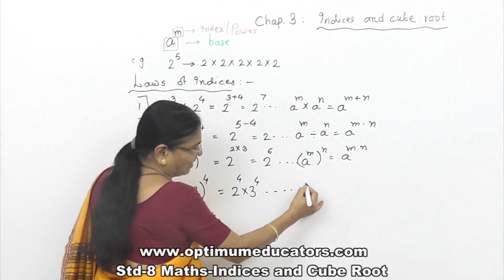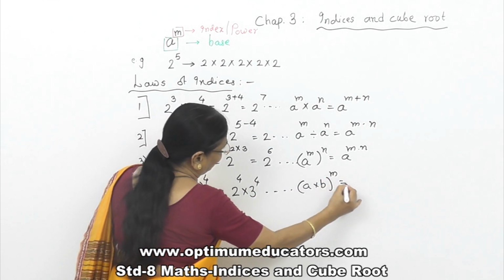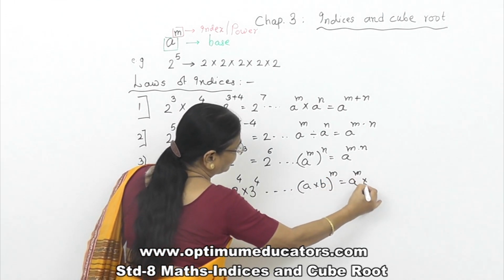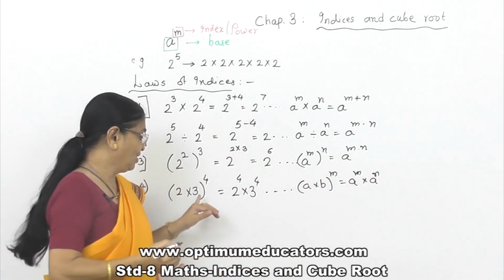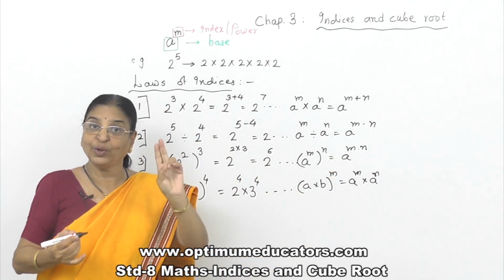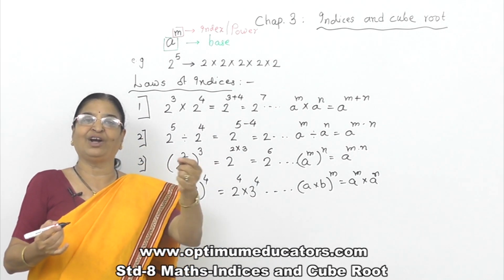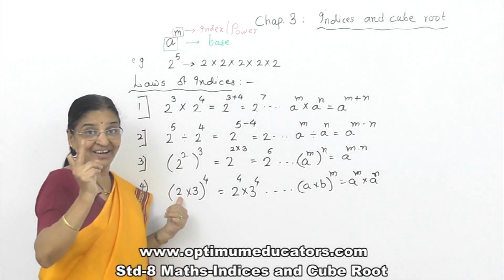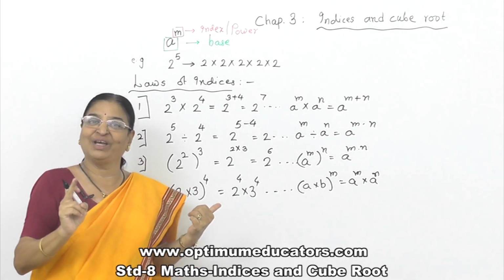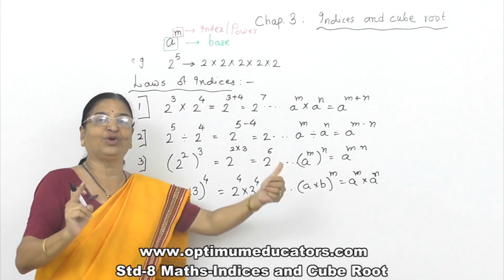But here I will write it as a into b raised to m is equal to a raised to m into b raised to m. See here, though I have written only for two numbers, that is a into b, it can be a into b into c into d into e, any number. But the condition is only that there should be a multiplication sign, that is 2 into 3 into 4 into 5.